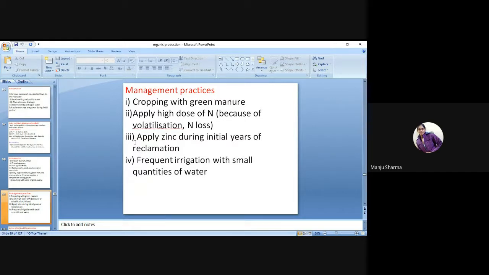That means we have to keep a high dose of nitrogen because nitrogen will be volatile and there will be more nitrogen loss due to volatilization or leaching of the nitrogen.